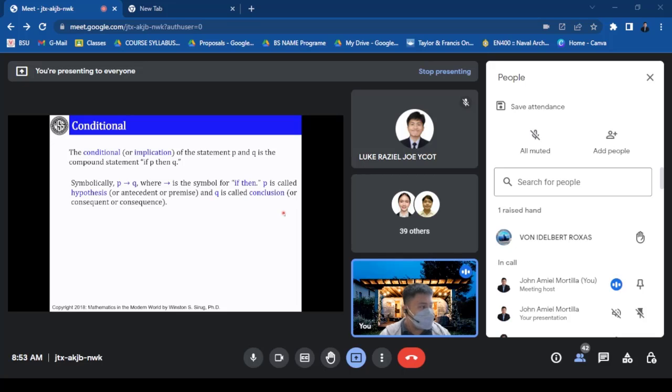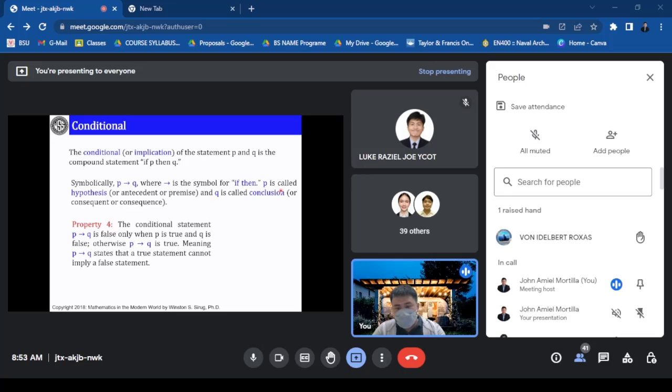P is called hypothesis or antecedent or premise, and Q is called conclusion or consequent or consequence. Okay, so property 4: the conditional statement if P then Q is false if P is true and Q is false. Otherwise, if P then Q is true, meaning a true statement cannot imply a false statement.